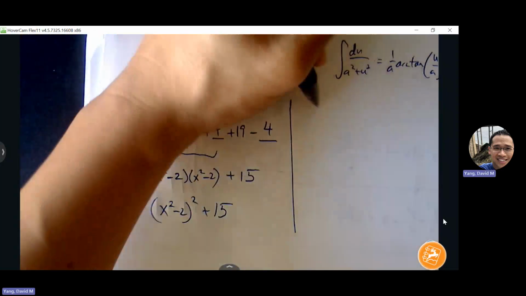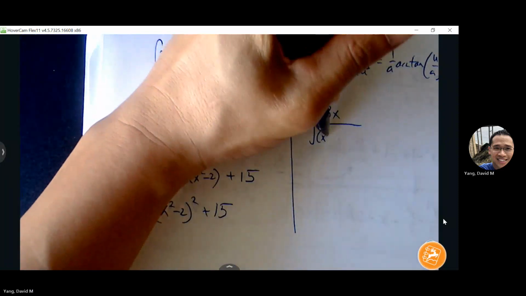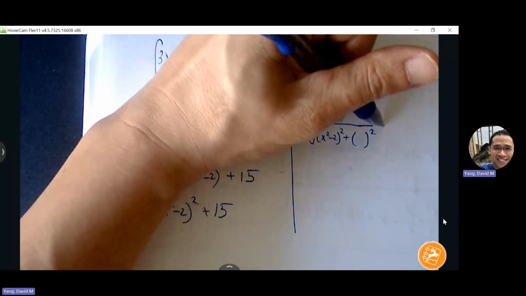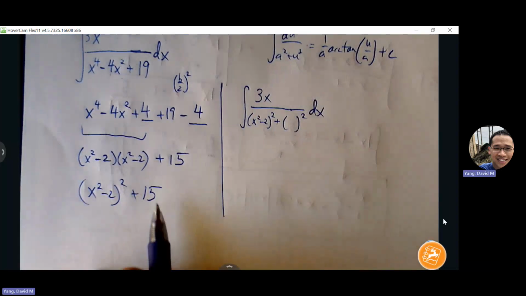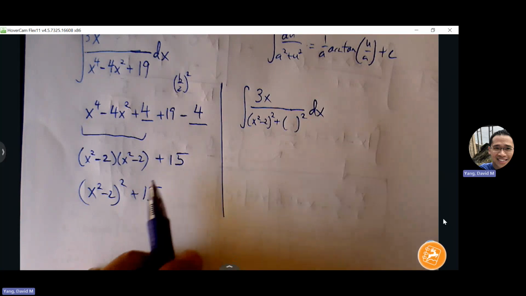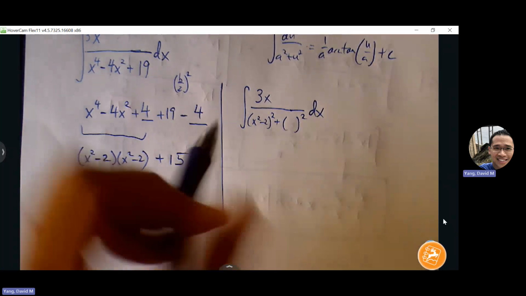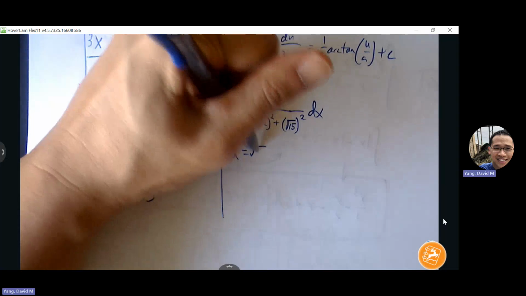Okay, so here's my cleaned up version here. I'm going to get ready for my a value here. So that 15 is not quite suitable for what I want to pull. So what can I put inside that parentheses? Square root of 15. Okay. So we have our a value being root 15.